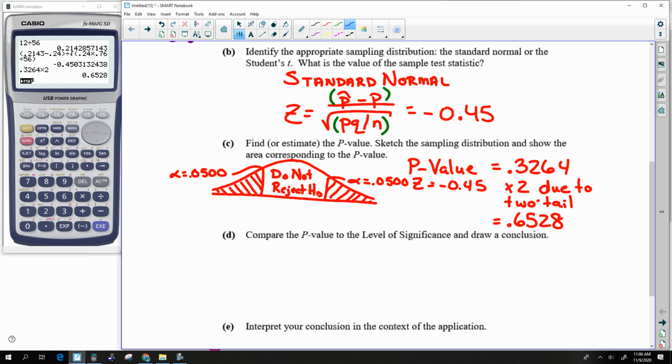Our z technically is on the left-hand side because it's a negative z-score. You see that the p-value is way larger than the alpha. Alpha is 0.05, and our p-value is about 0.6. It's way bigger, so it's way into the do not reject zone.